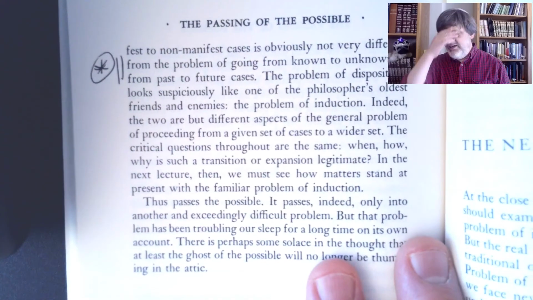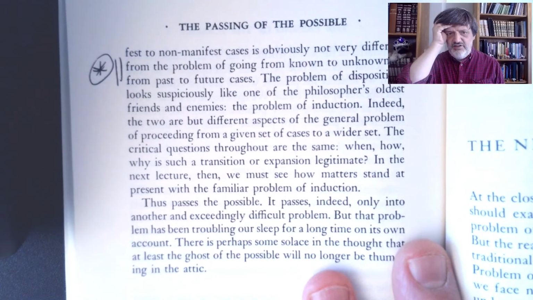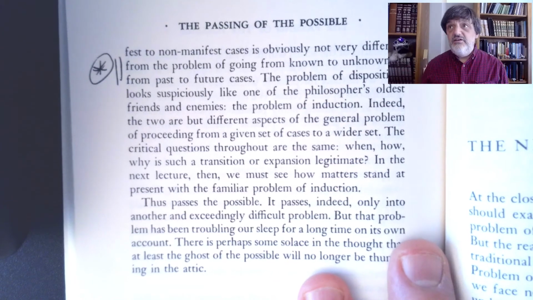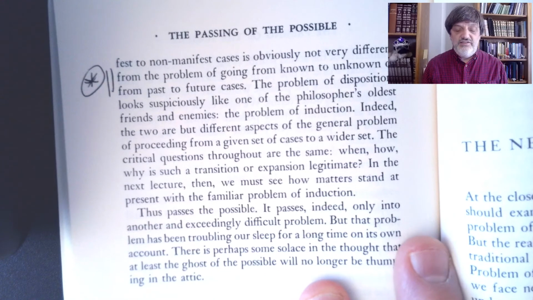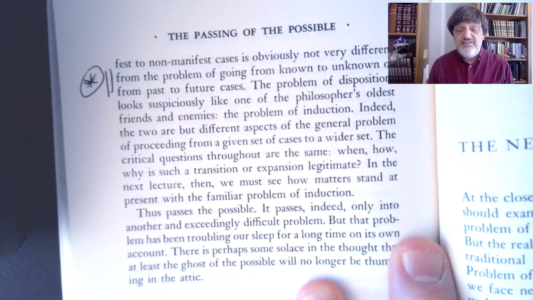Right, so what he says when he introduces the transition to talking about induction, I guess maybe I should say what induction is. Maybe I shouldn't assume everyone knows what that means. Induction is the supposed process, and I say supposed because Popper is going to say there is no such process, basically.